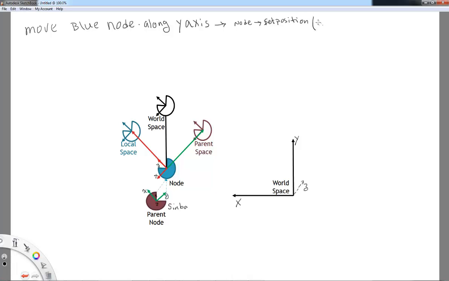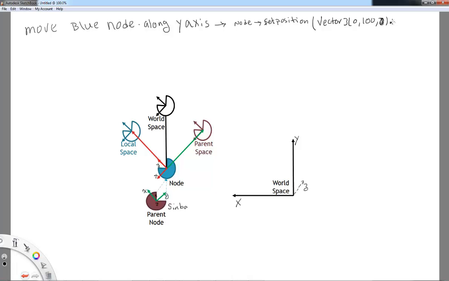I'm going to pass to it a Vector3, and I'm going to say 0, some number like 100, and 0. So what we have done so far, after closing the parentheses, is use our default transformation space to transform.